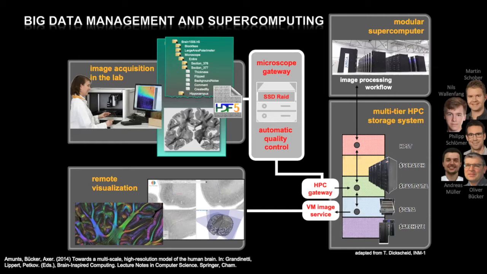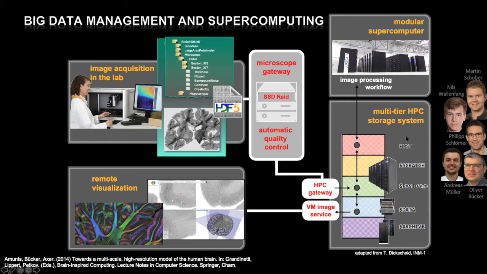So we need some automated kind of quality control, just in case the measurement did not work properly, so that we can simply repeat such a large scale scanning very close to the initial measurement. Then the data is transferred after the quality control is passed.